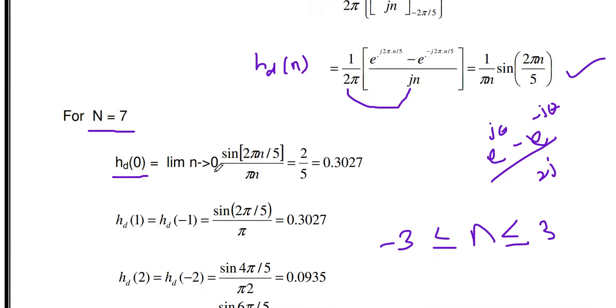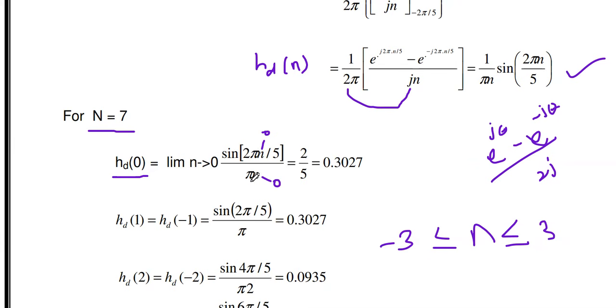So you just substitute n equal to 0 in this h_d of n formula. Limit n tends to 0, sine of 2πn by 5 divided by πn. If you substitute n equal to 0, the denominator is 0 as well as sine 0 is 0, so we get an indeterminate answer. In order to solve this, you already know the method: limit θ tends to 0, sine θ divided by θ, the answer is 1.